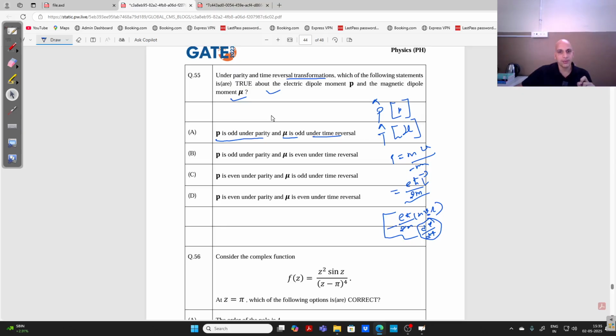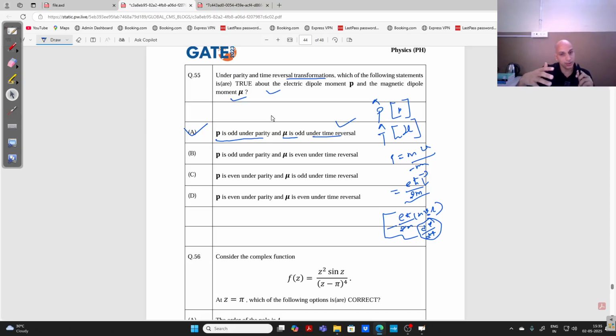And where is the option? I think this one: P is odd under parity and mu is odd under time reversal. So this is the correct answer, right? Again the same kind of question, but the one thing I want to tell you is that we have to remember the parity, time reversal, and charge conjugation operations for important physical quantities like electric field, magnetic field, electric dipole moment, magnetic dipole moment, linear momentum, angular momentum, and total isospin.